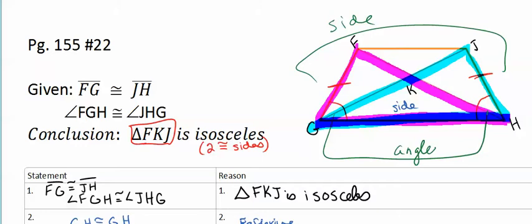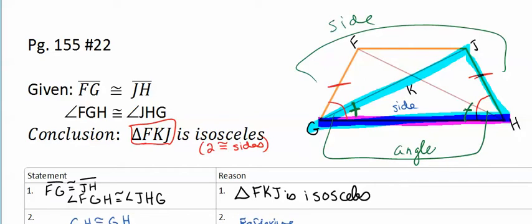By proving those two triangles congruent, it then gives us the opportunity to prove this angle right here, JGH, is congruent to this angle in here, FHG, based on corresponding parts of congruent triangles are congruent. Why is that helpful?